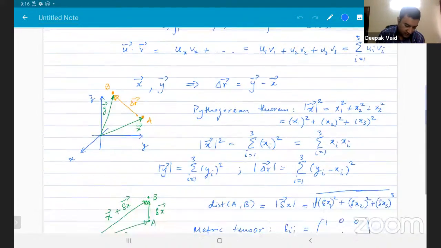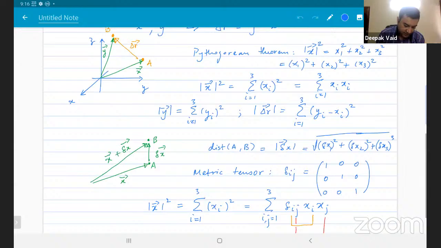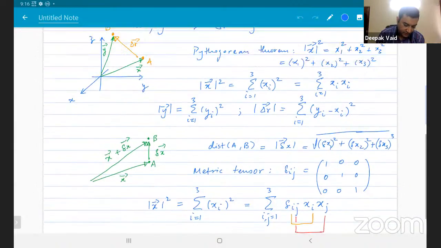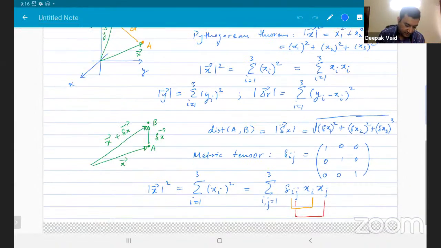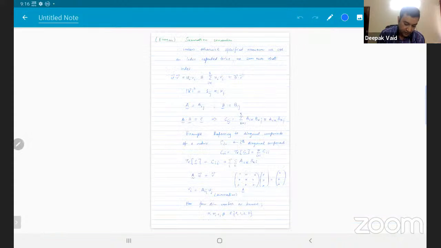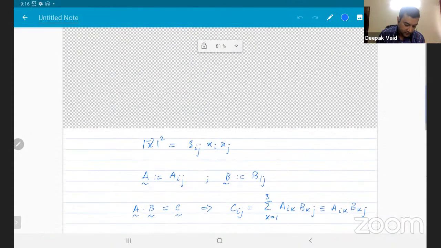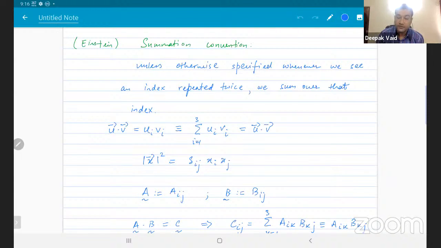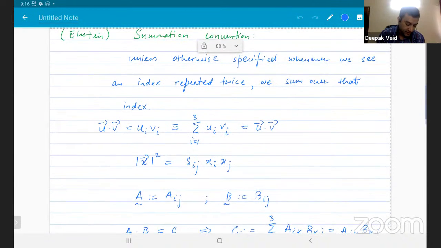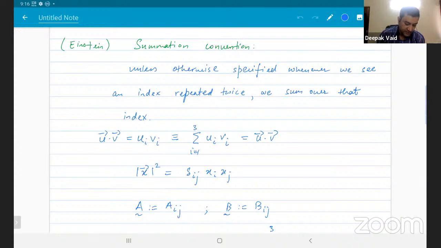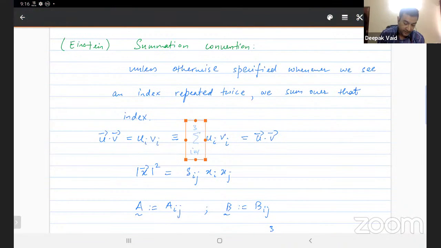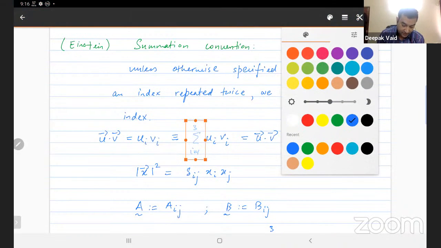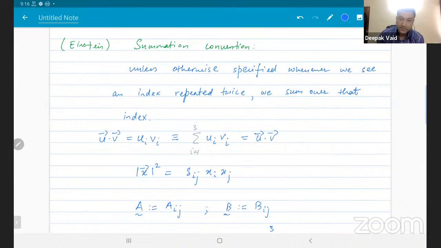Okay. Then I introduced this index notation and summation convention for dealing with linear algebra, because we'll be using a lot of linear algebra, right? So the summation convention basically says that whenever you have two repeated indices, it is understood that there is a summation involved.